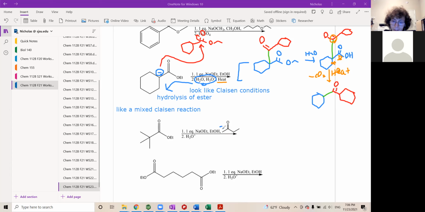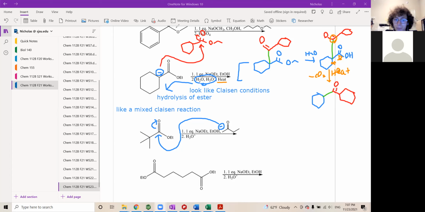I'll draw this. It's a little better. But the enolate is from a ketone, it's not from an ester. So that's going to affect the final product a little bit. But in terms of the nucleophilic attack, it should look something like this. And the ketone forms the enolate because if you look here, that's the alpha position, there's no hydrogens there.